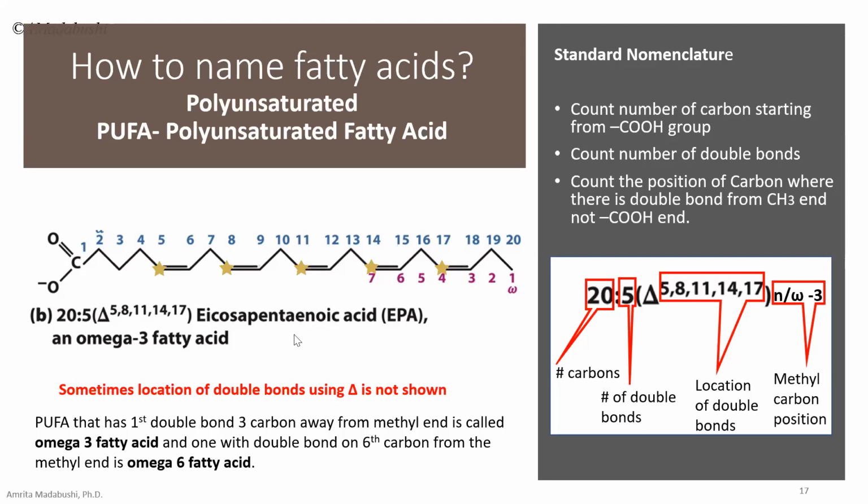So it just depends on how people are naming it. Now let's look at the right side. 20 is for carbon, 5 is for double bonds. This is for location of double bonds. These are methyl carbon positions, meaning the other side. So this should give you a complete picture of what a lipid would look like.